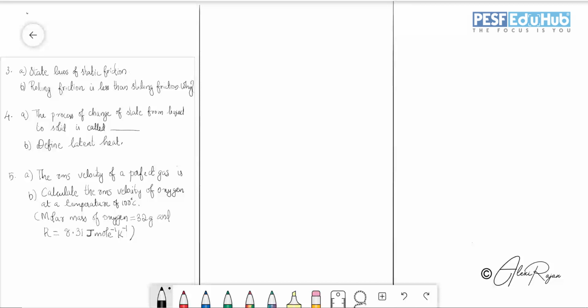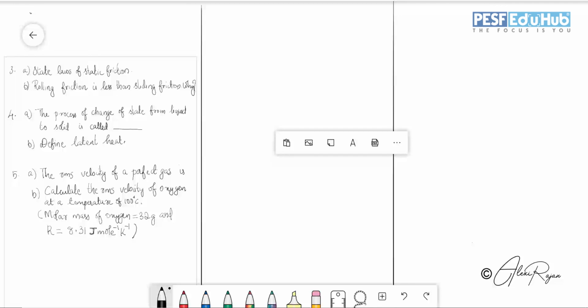So when we study static friction, the word static itself means stable or at rest. So if two surfaces are at rest, then there will be a friction between the two surfaces and we call it a static friction.